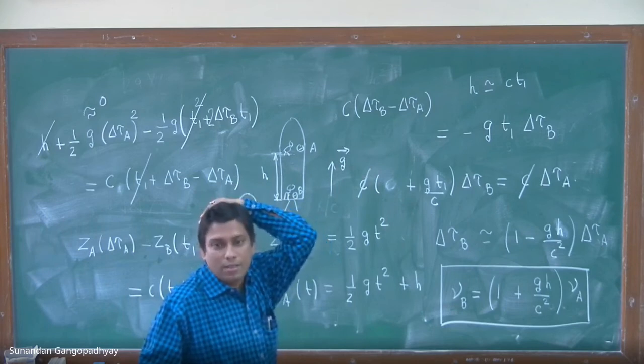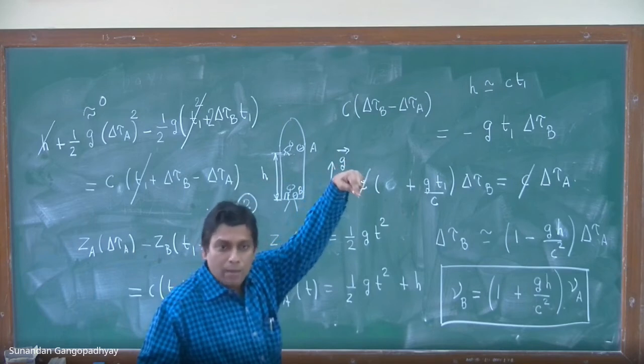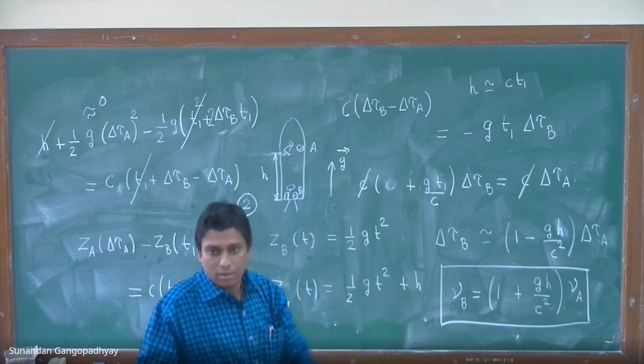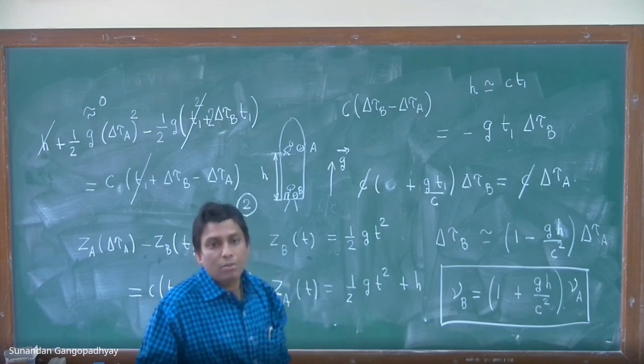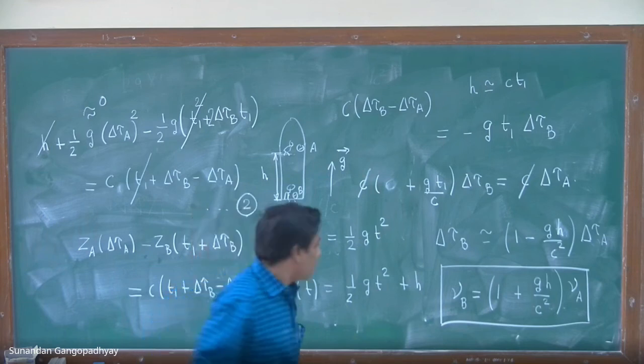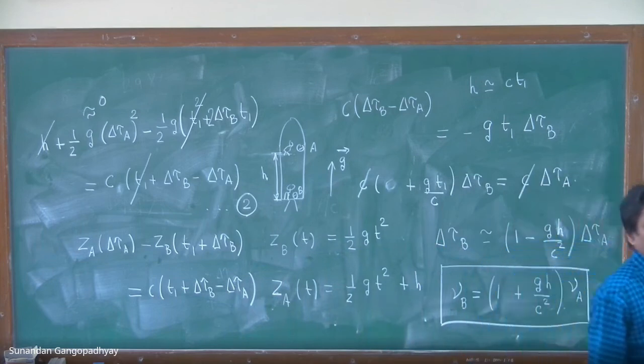And Alice, who is sitting on the top, will see the clock of Bob, who is sitting at the lower gravitational potential, run slow. And this effect is called the gravitational time dilation effect.